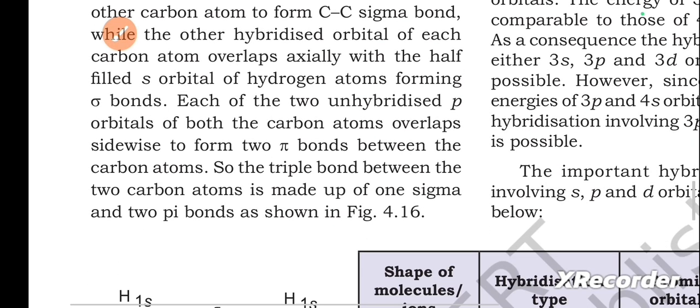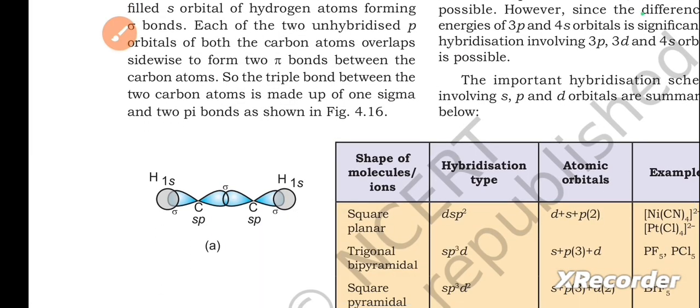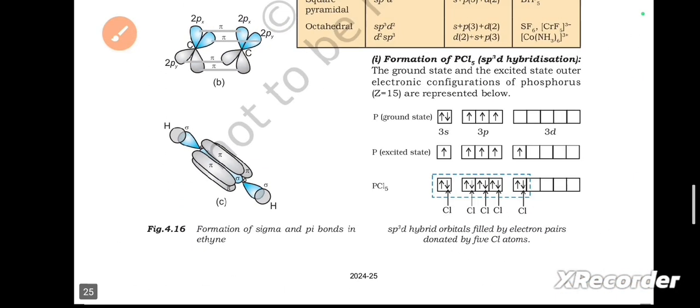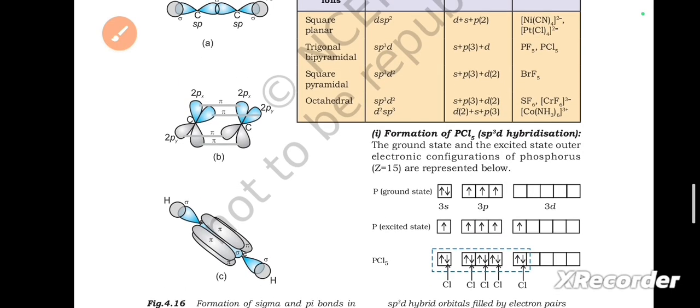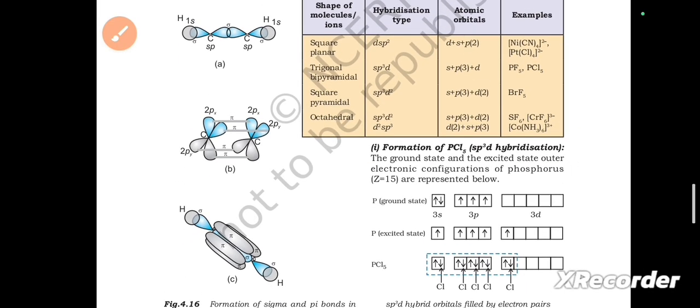Each of the two unhybridized p orbitals of both the carbon atoms overlaps sidewise to form two pi bonds between the carbon atoms. So, the triple bond between the two carbon atoms is made up of one sigma and two pi bonds as shown in figure 4.16. So, where is 4.16? Okay, this is 4.16. You can check it out.